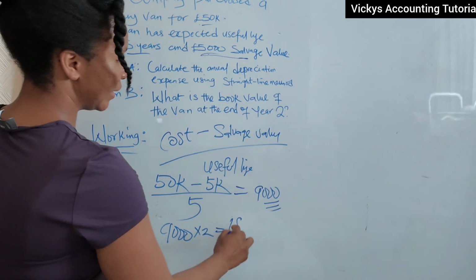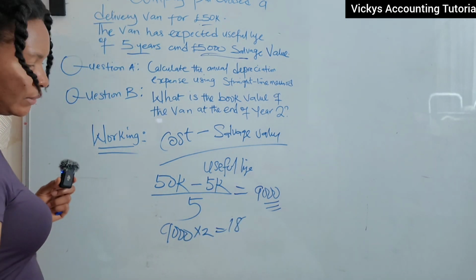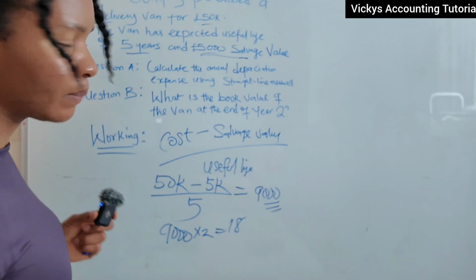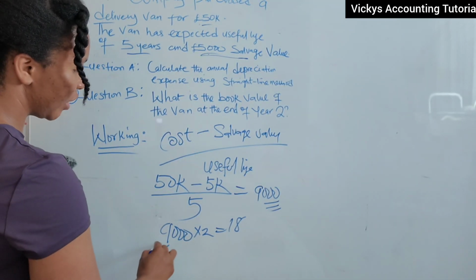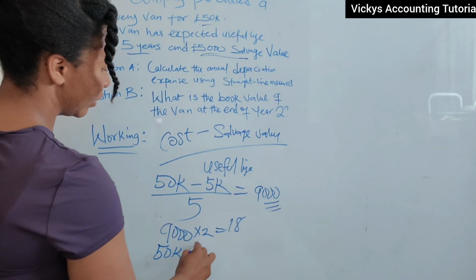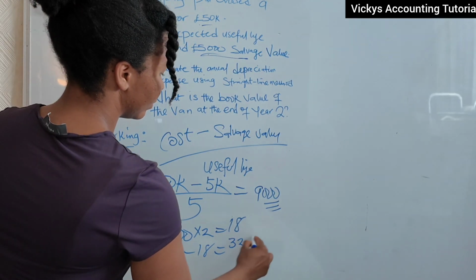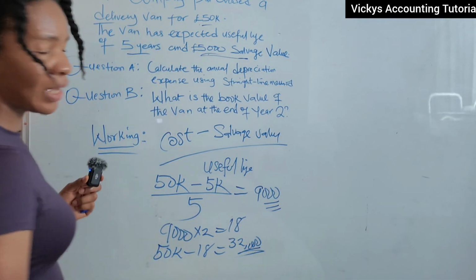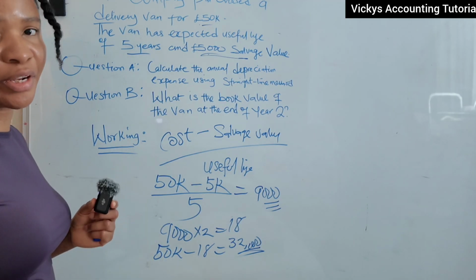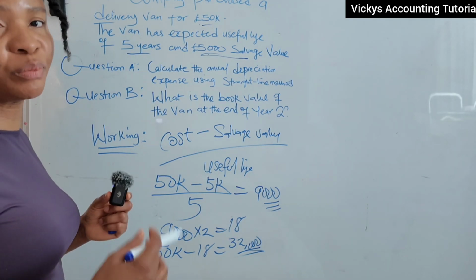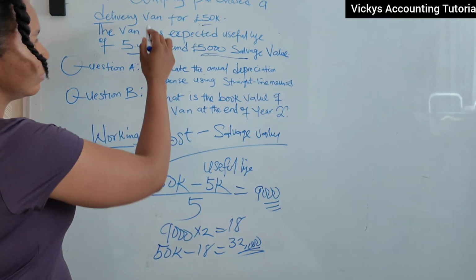That will give you 18k. I hope you guys can see. So now 50k minus 18k will give you 32,000.